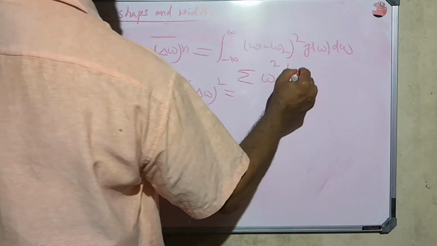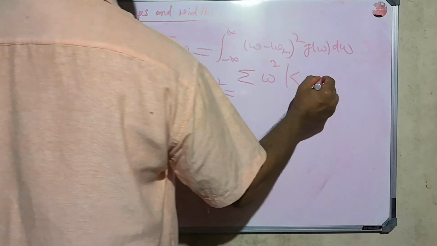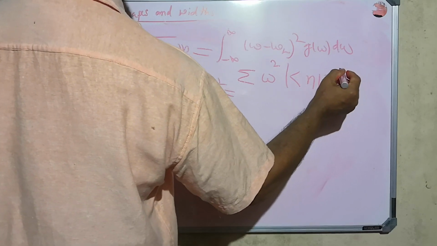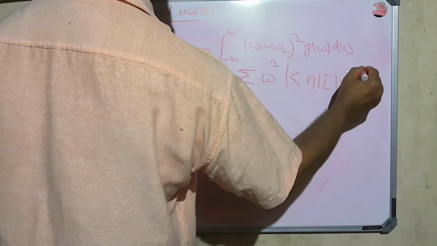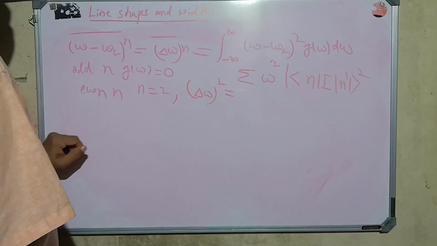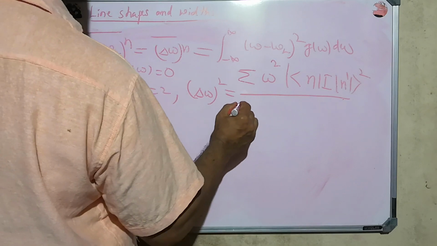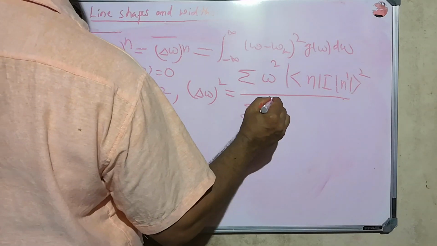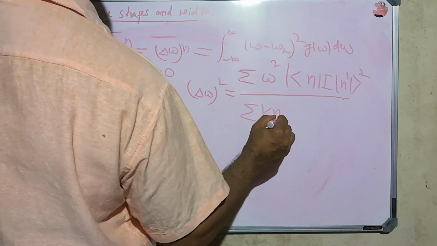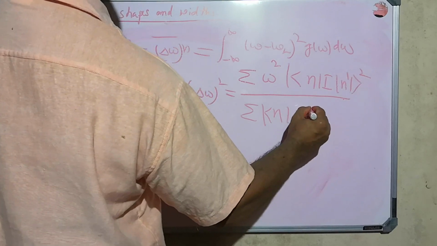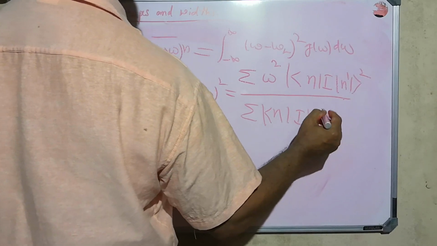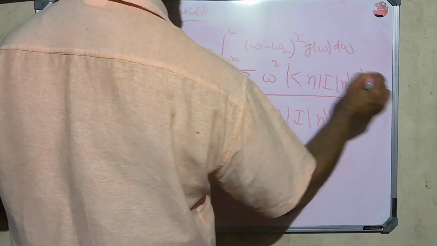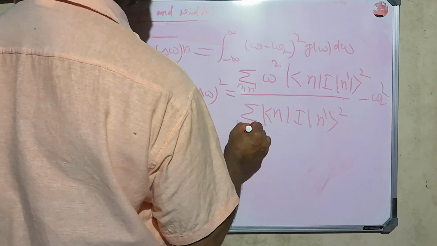We are using n, I, that is the nuclear spin, n dash whole square divided by sigma n whole square minus omega L square n dash summation.